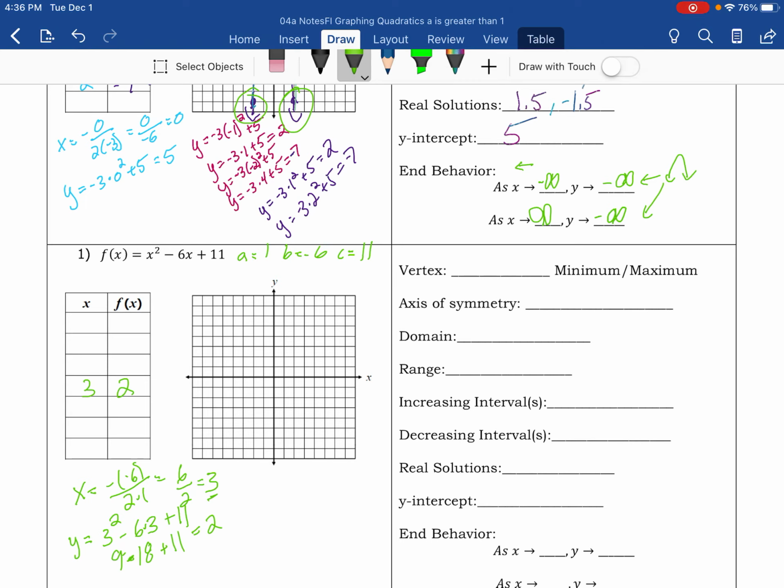So it's going to be (3, 2). Now I pick 2 points to the right and 2 points to the left, and I plug those in.